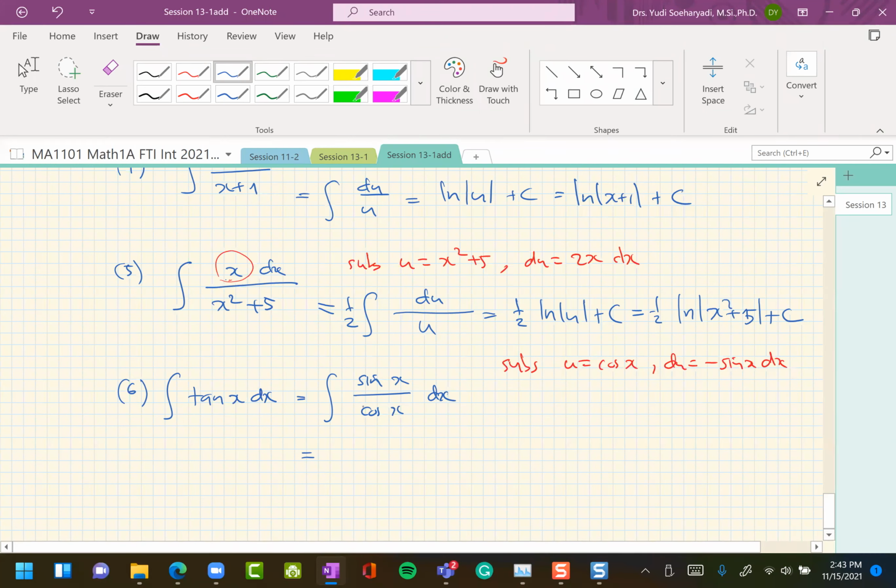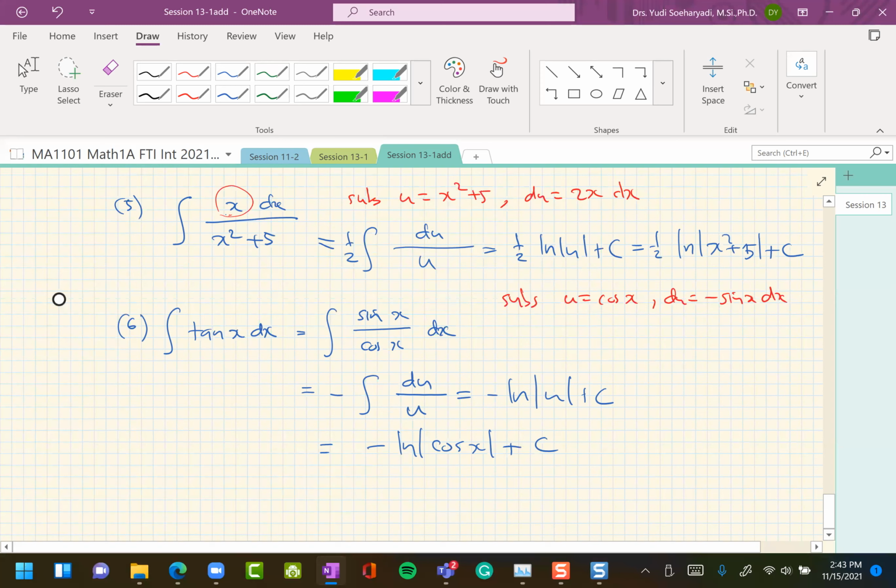So if you substitute, you get this negative. This is du, this is u. And you get negative ln of what? That equals negative ln of u, where u is cosine. Okay, so we have those kinds of tricks.